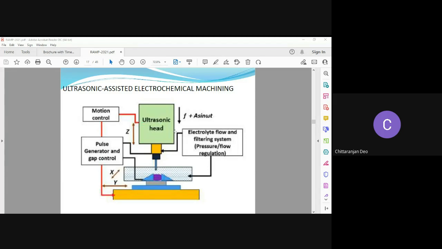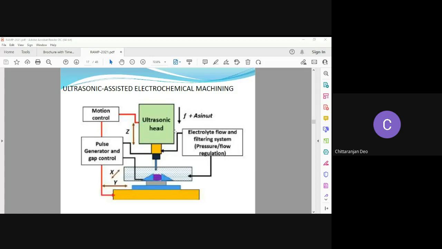So there exists an optimal amplitude which favors the electrolyte diffusion and removal of byproduct from the machining zone without compromising the machining precision. The optimal amplitude depends upon several factors like machine condition, method of actuation, technological specification of the transducer, dimension of the features to be machined, required aspect ratio, and so on.